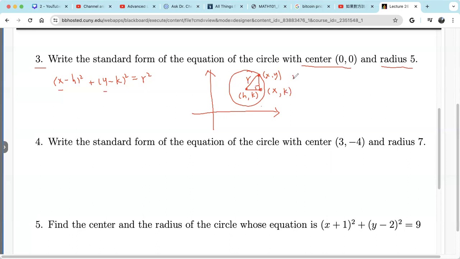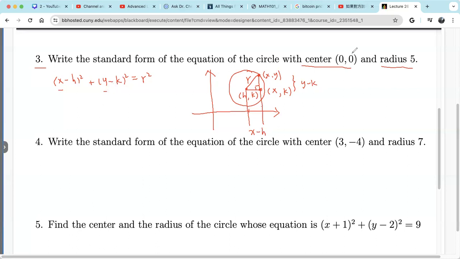So this leg is y minus k, and the length between these 2 points is x minus h. By the Pythagorean theorem again, x minus h squared plus y minus k squared equals r squared. So this is a picture of the equation for the circle.